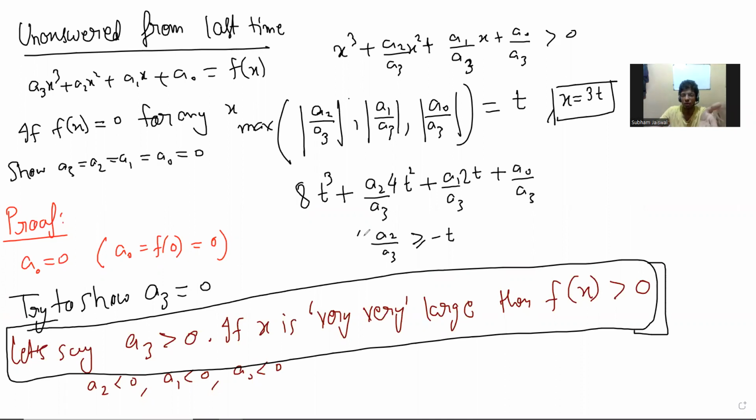So you see, then 4 times this is bigger than 1. So what is this? 1 second. So a2 by a3 is bigger than or equal to minus t, right? So then, can we multiply both sides by 4?